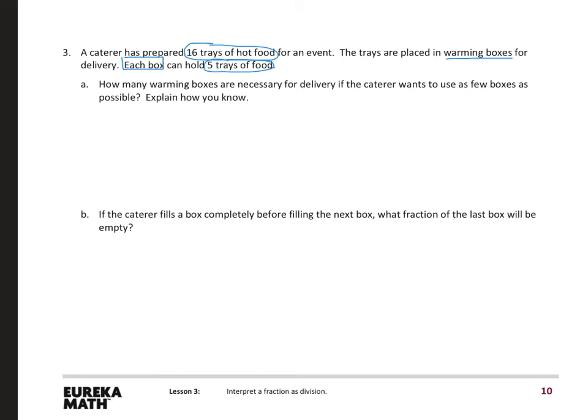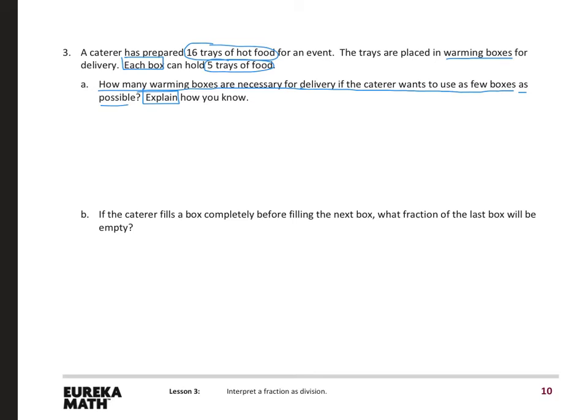All right. The question says, how many warming boxes are necessary for delivery if the caterer wants to use as few boxes as possible? So we have to explain how we know.